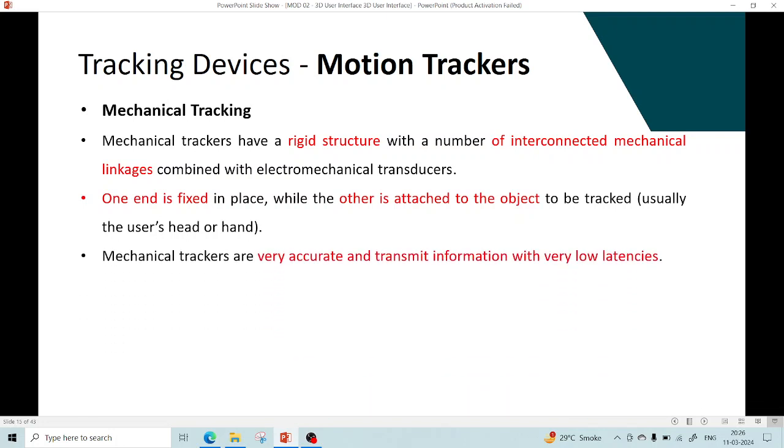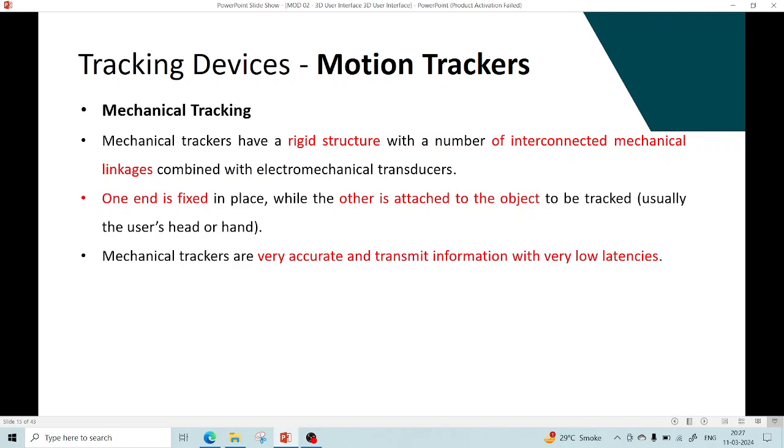Mechanical trackers are considered to be very accurate and transmit information with very low latencies. As the tracked object moves, the linkages move as well, and measurements are taken from the transducers to obtain position and orientation information.